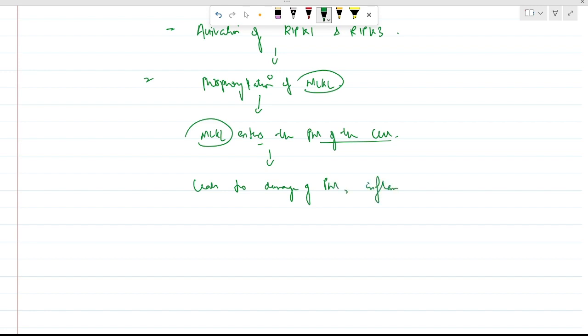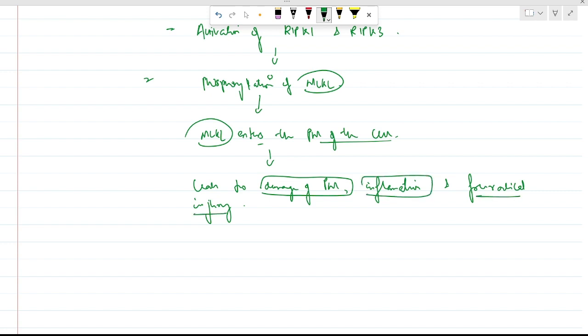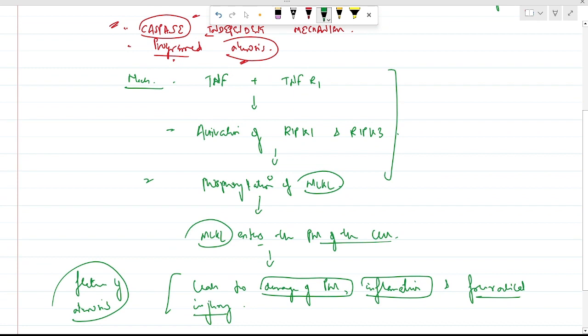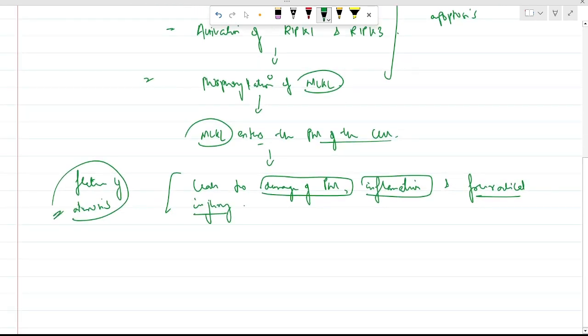There is inflammation due to leakage of contents and free radical injury. Damage of the plasma membrane leads to inflammation and free radical injury. These are the features of what? Features of necrosis. Here the cell starts as apoptosis and ends as features of necrosis.